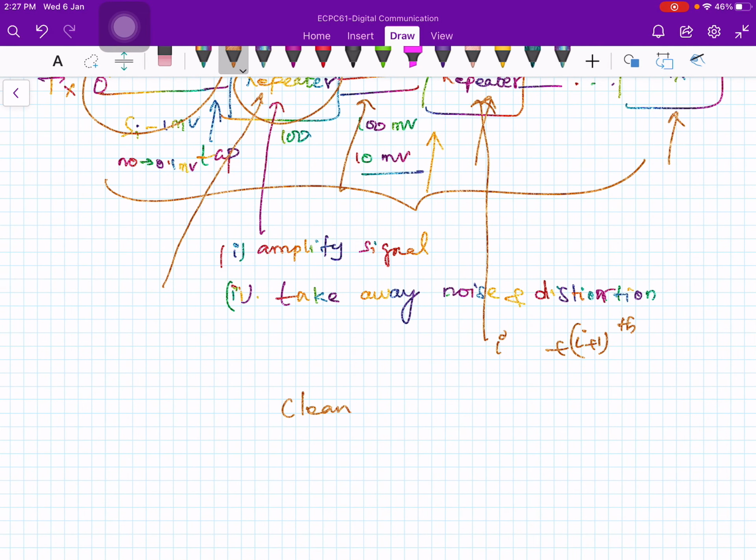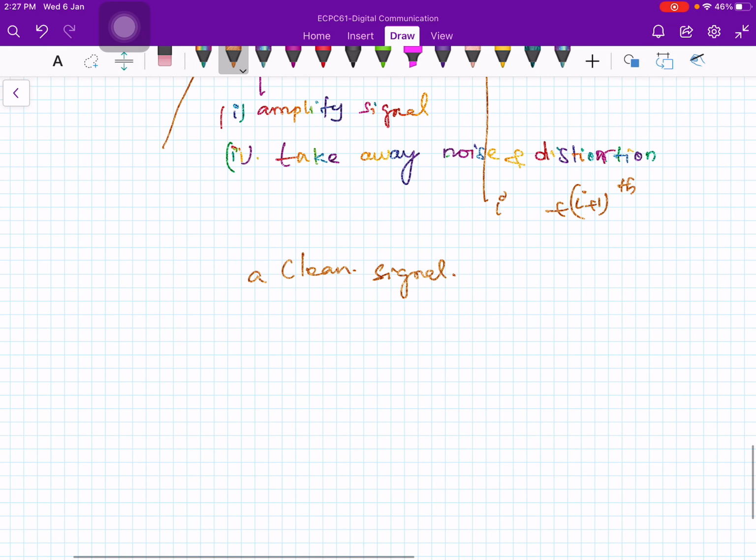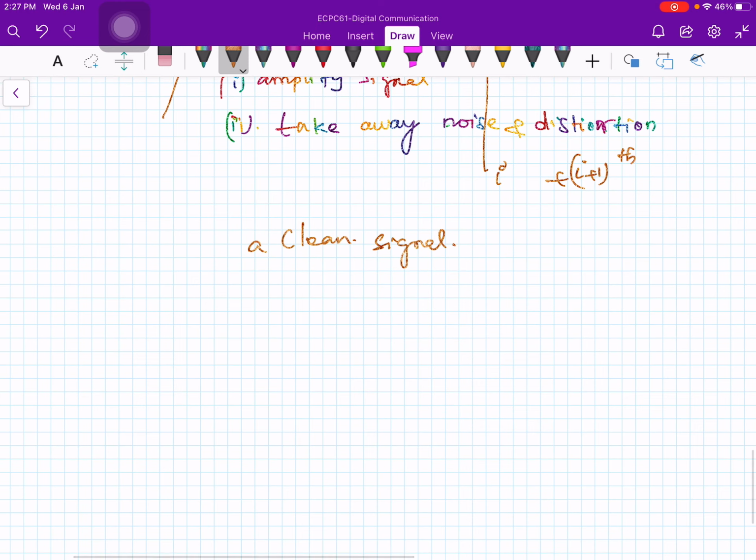Therefore the advantage of your repeater is to transmit a clean signal. A repeated transmission of clean signals takes place, and that is why this really brings in the advantage in a digital communication system.